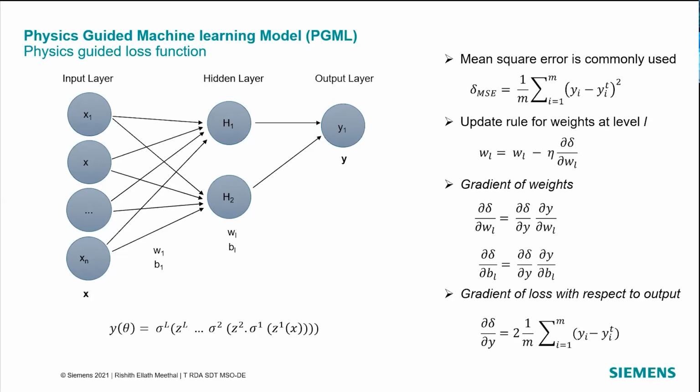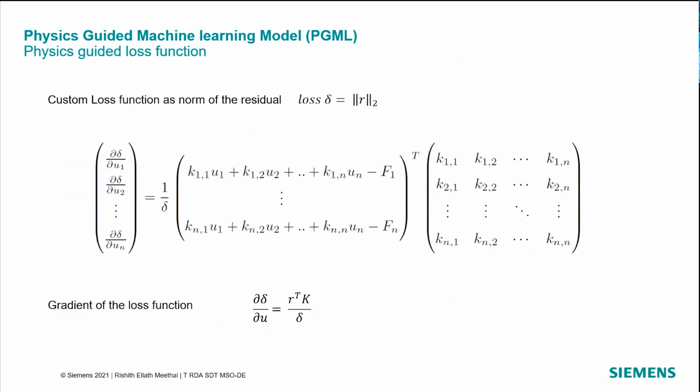So even if you change the loss function, this term does not change. If you change the loss function, you need to calculate the first term. For example, for mean square error, we get this gradient of loss with respect to output. In our case, we are using the residual of the equation as the loss function.